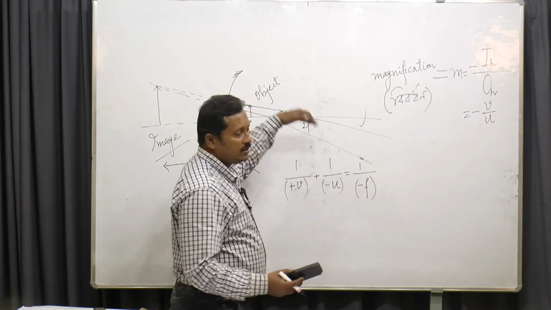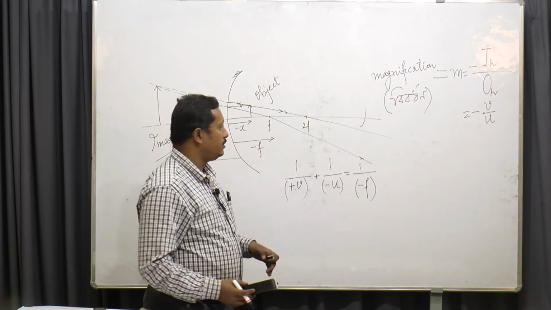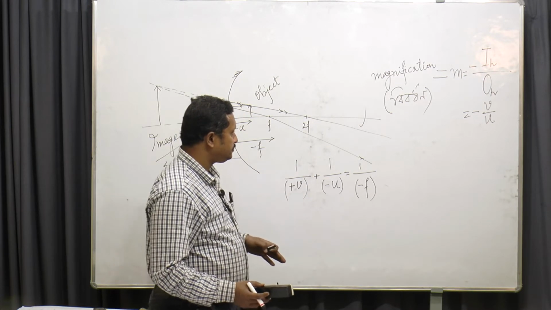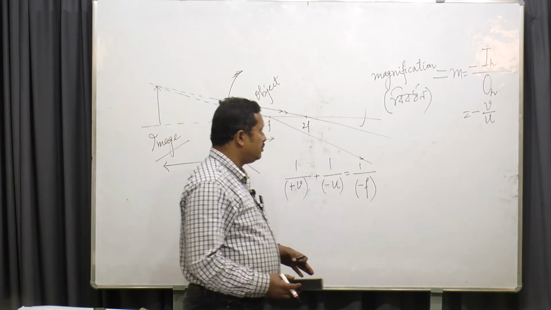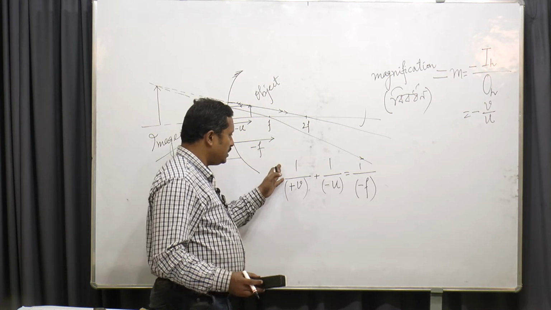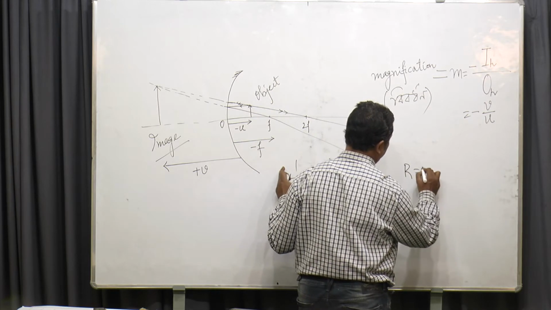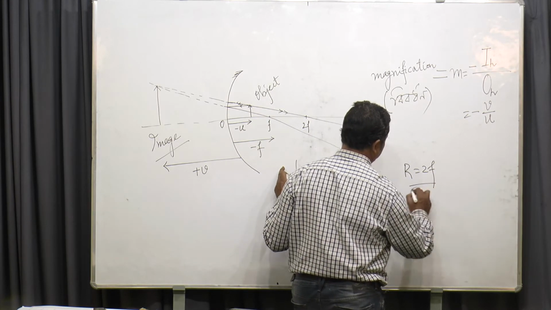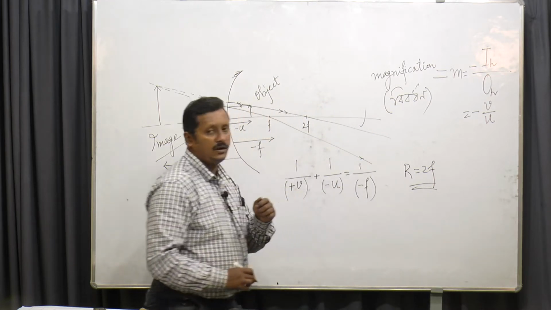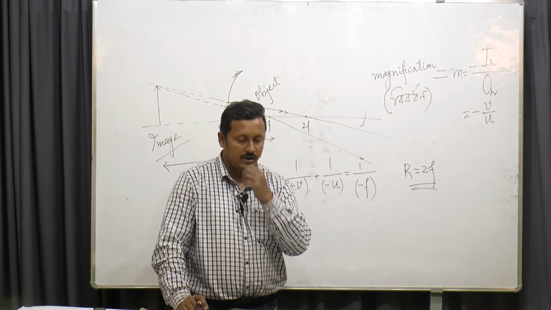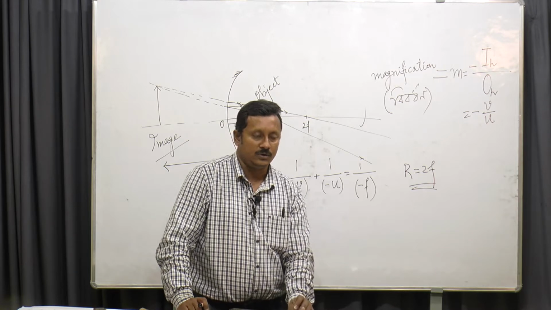So this is the thing about spherical mirror. Now you go for the numericals, and in numericals you use this formula, and another formula is R is equal to 2F. So these two basic formulas are there only, and you solve the numericals using those formulas.